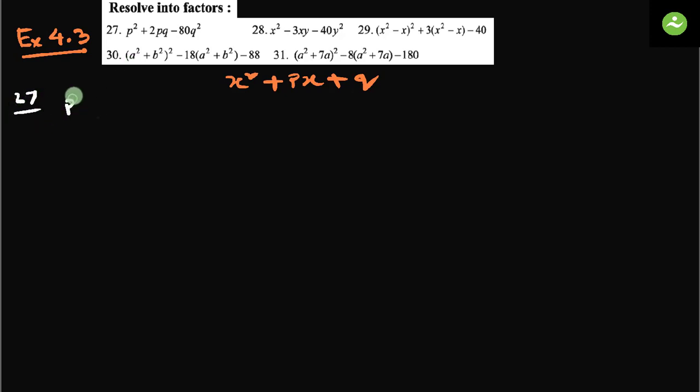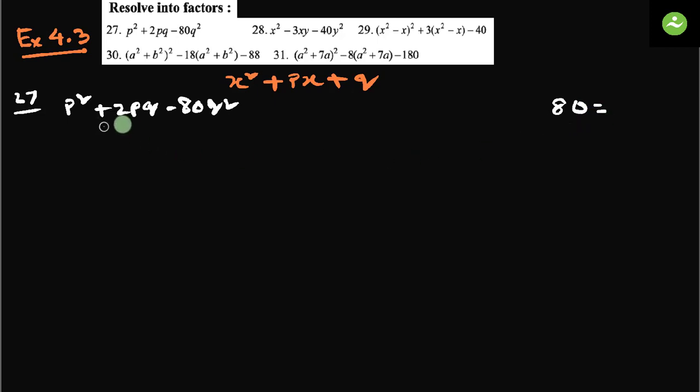p square plus 2pq minus 80q square. Here q is 80 and we have to select two factors, the product of which is 80.